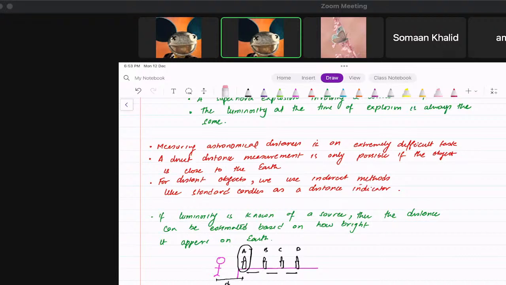Will we get quantitative data from this? Yes, of course we are going to get quantitative data.